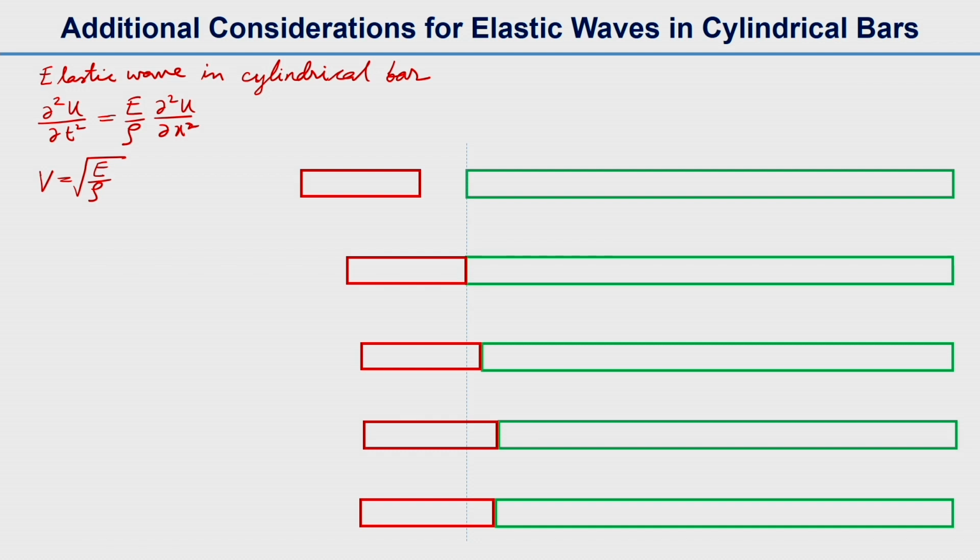So now we will talk about the real situation, what happens when a striking bar or projectile hits the cylindrical bar. So this is our projectile, and this is our cylindrical bar.